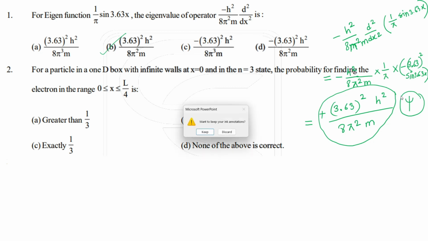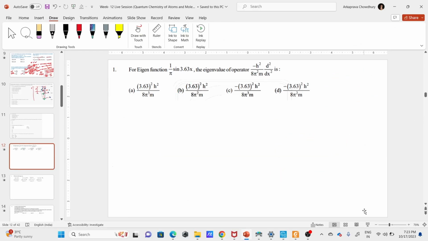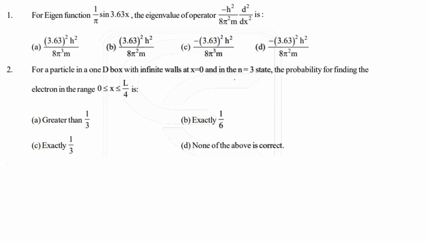So I will delete this part so that we can discuss these questions. If you remember the wave function, how it will look like for n equals to 3, I will draw all of them, so it will be a recapitulation, right?